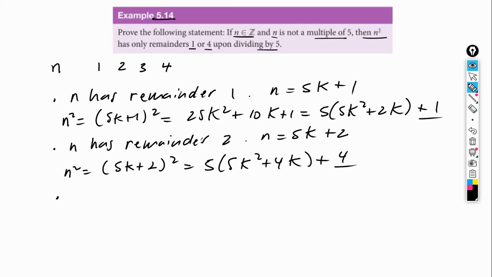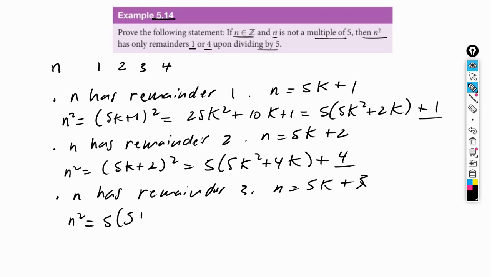Third case, n has remainder 3. So n we can write as 5k plus 3, and then here we're going to get that n squared is going to be 5 times (5k squared plus 6k plus 1) plus 4. Therefore, remainder 4. And the last case would be n has remainder 4.